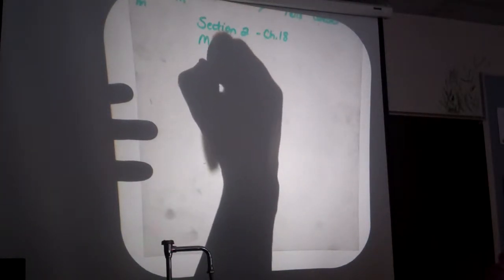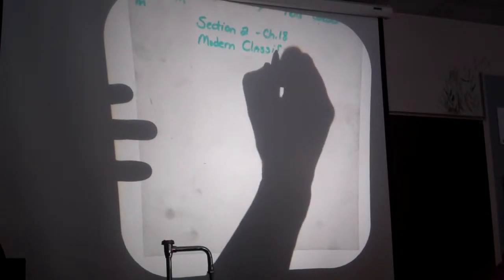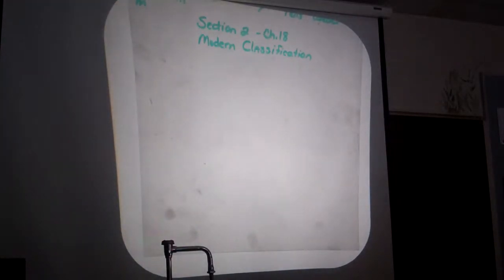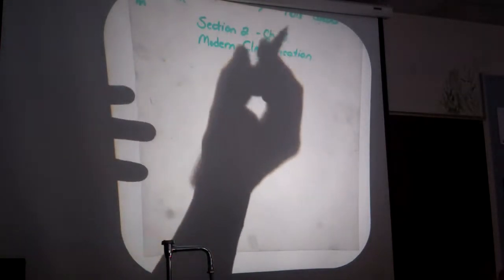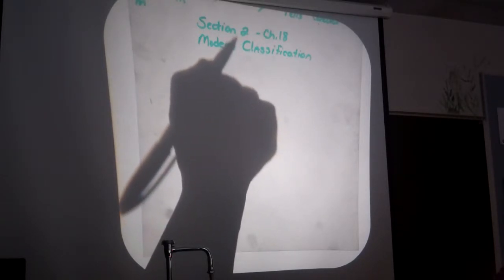Section 2. This is all about modern classification. Here's what that means. They don't classify organisms the same way today as they did a long time ago. We kind of talked about this a little already, but let me remind you. It's not like they totally throw the old way out the window.